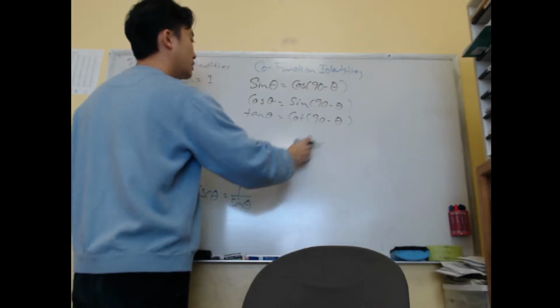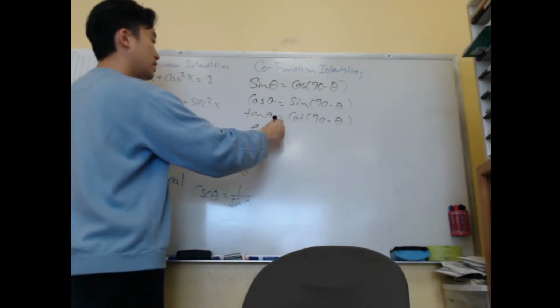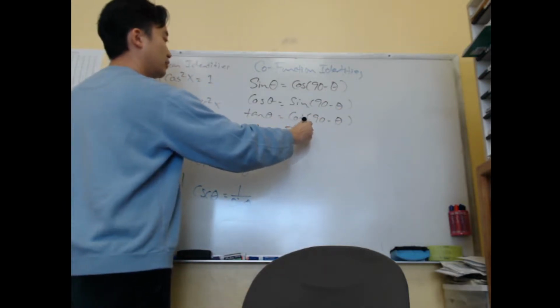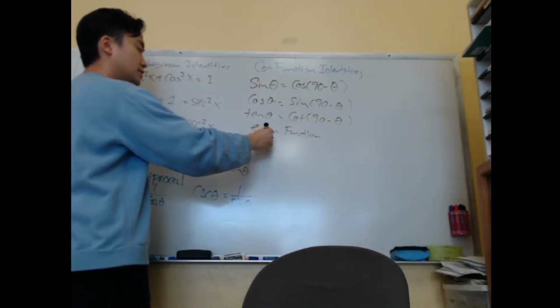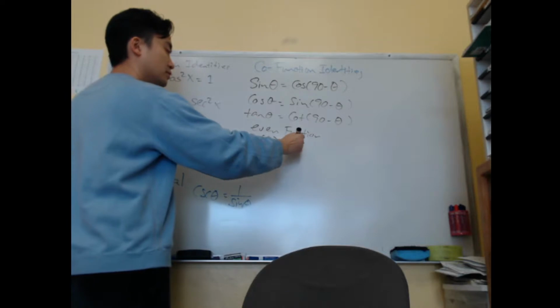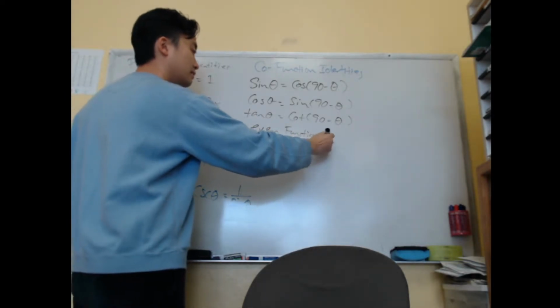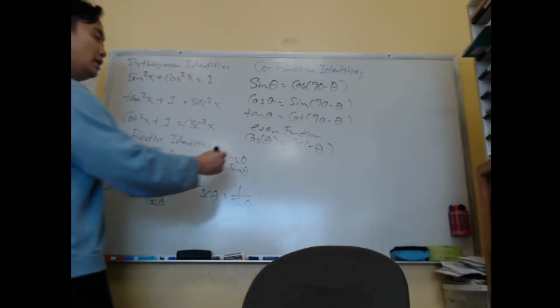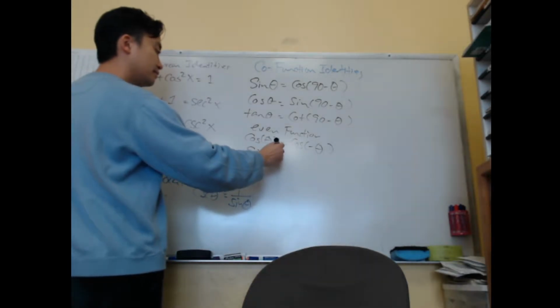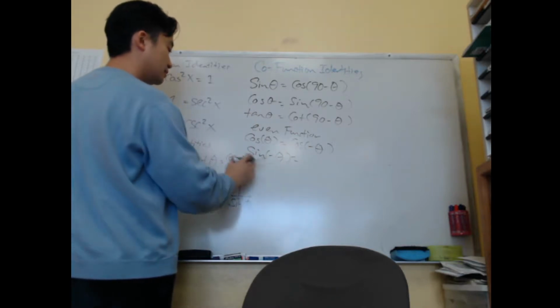Yeah. And also the even function property. What are those even function identities? Cosine of theta is the same as what? Cosine of negative theta, right? Even functions. And then sine? Well, sine is not even.